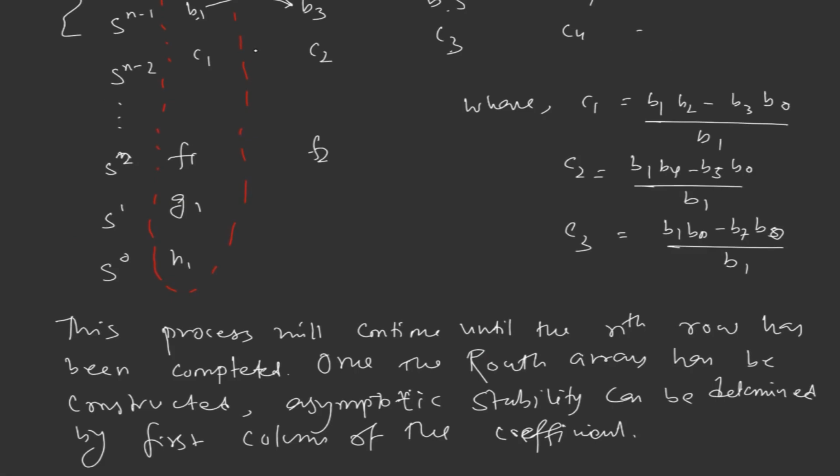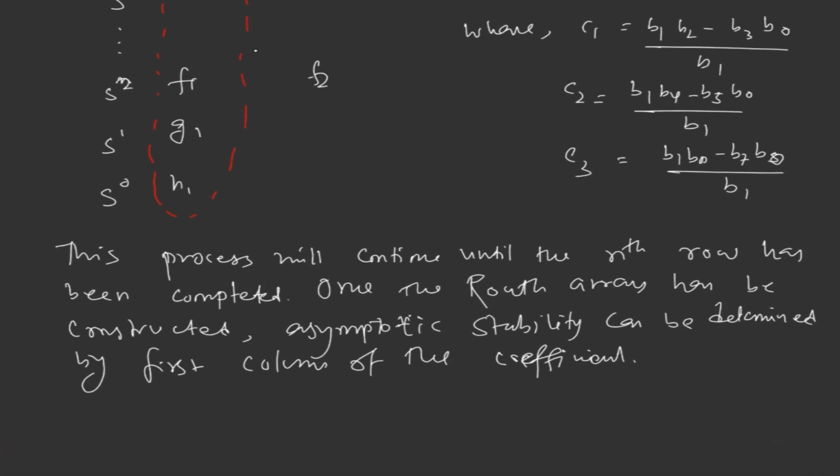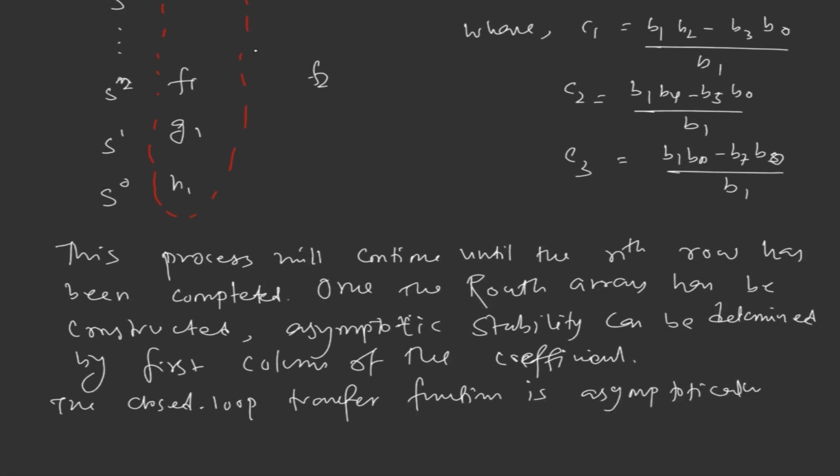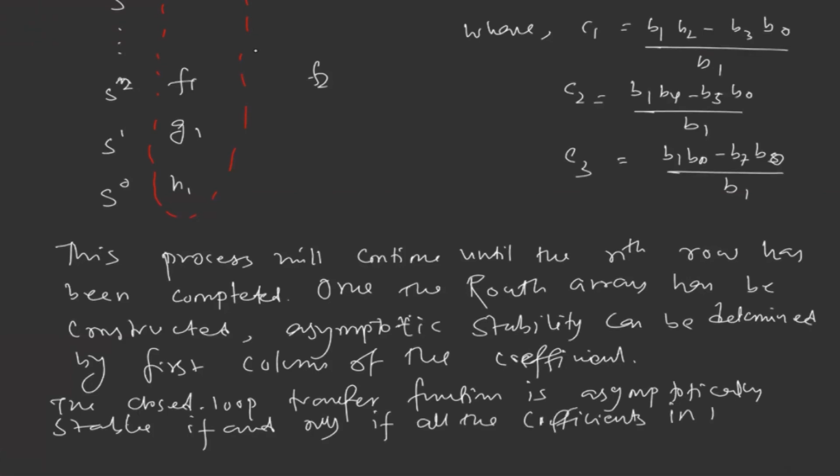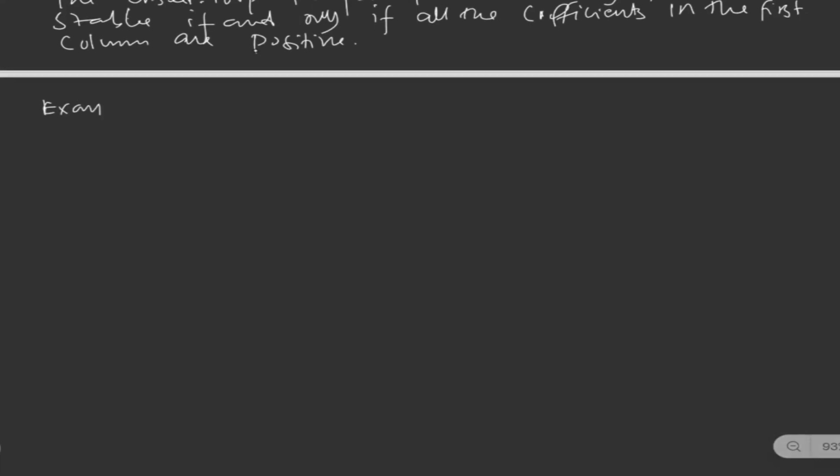So let me write: the closed loop transfer function is asymptotically stable if and only if all the coefficients in the first column are positive. Let's take an example, then this problem will be clear.